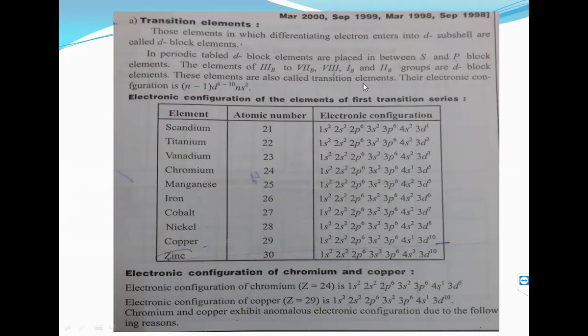Why are we naming D block elements as transition elements? Let us come to know the reason.